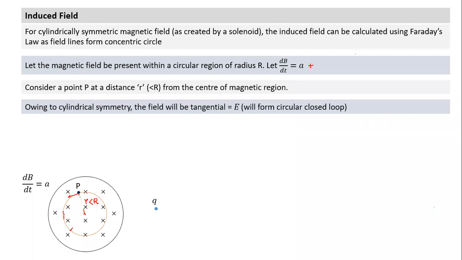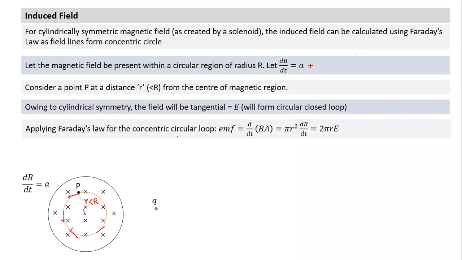That's why the current flows in that direction. In this case, if we apply Faraday's law, it gives a relationship between EMF and the rate of change of flux. But EMF is also equal to the integral of E dot dl over the loop.